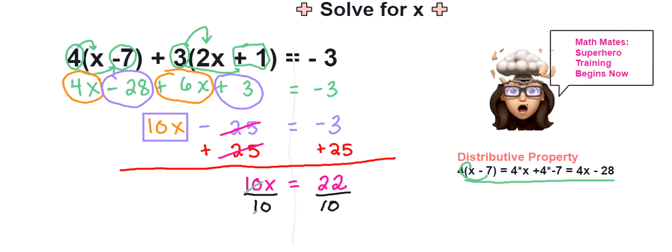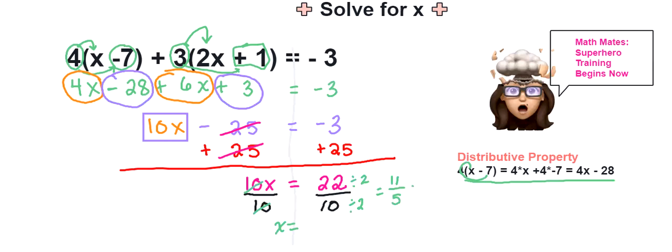So it leaves us with x. On the other side, I can reduce this top and bottom by 2. And when I do that, 22 divided by 2 is 11. 10 divided by 2 is 5. So I get 11 over 5.